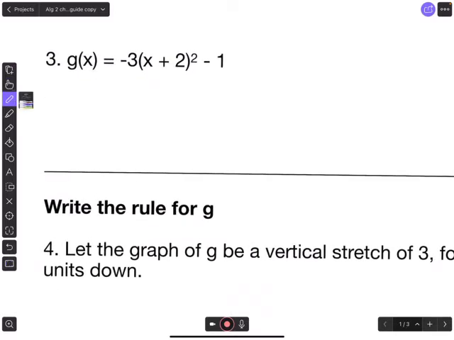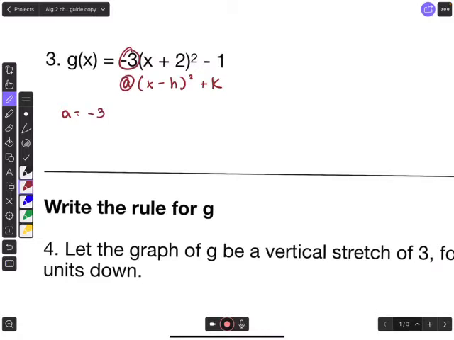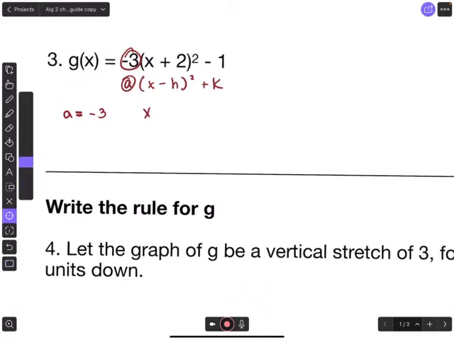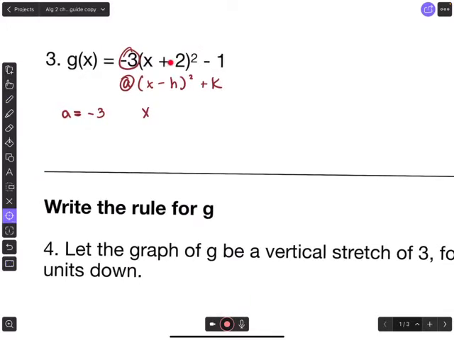There we go. In this case, a times x minus h squared plus k. You can see a is -3 in this case. That has some repercussions. H is not 2 here because of this plus sign.